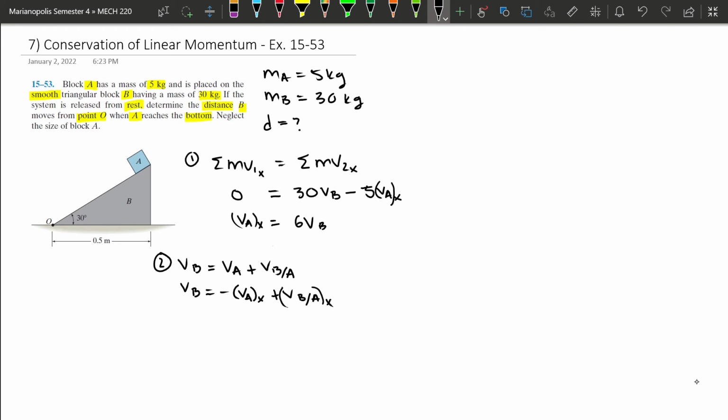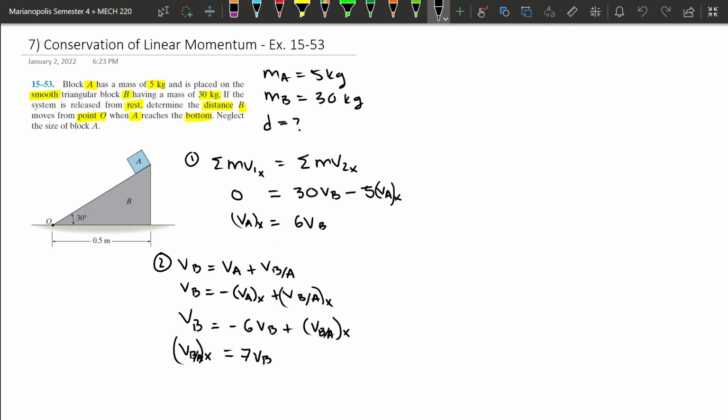Now I can substitute the 6VB I got from step 1 for VAx in my second equation, and I get VB is equal to negative 6VB plus VB with respect to A in the x direction. Solving for VB with respect to A in the x direction, I get 7VB.